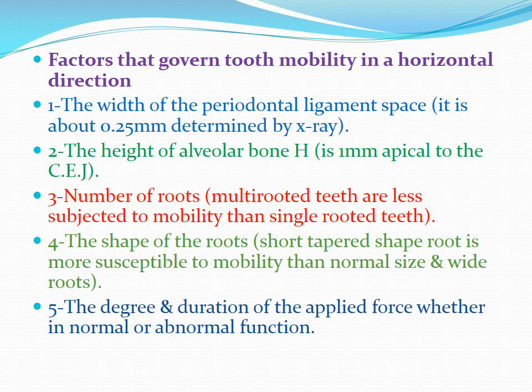Multi-rooted teeth are less subjected to mobility than single-rooted teeth. Fourth, the shape of the roots. A short tapered root is more susceptible to mobility than normal-sized and wide roots.